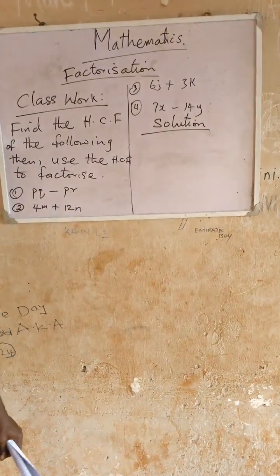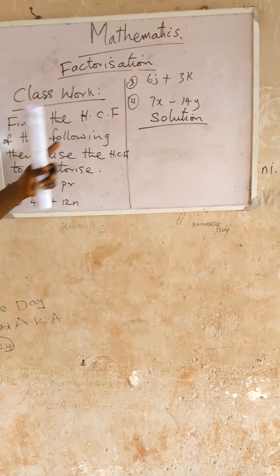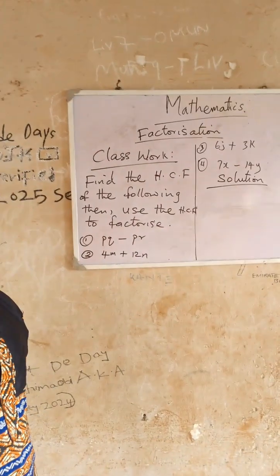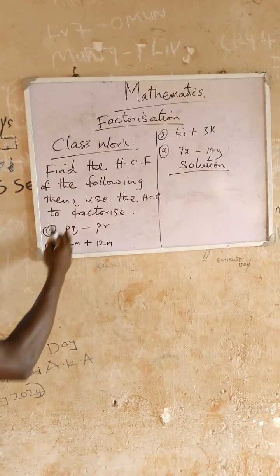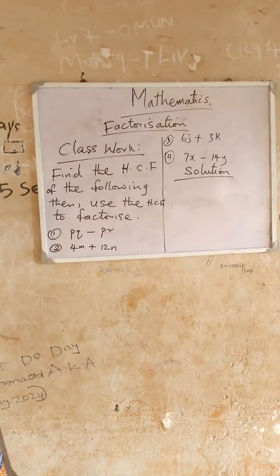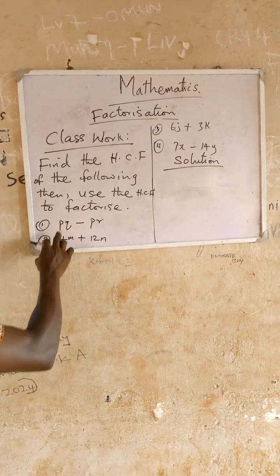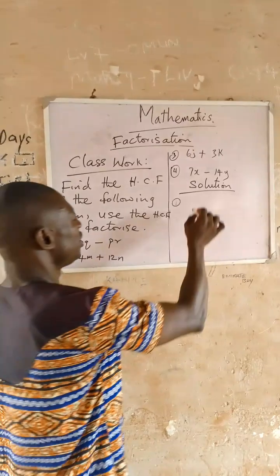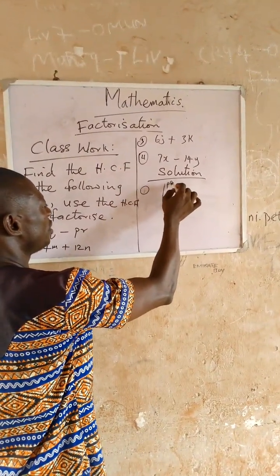Are you listening? We are going to illustrate. The question says, find the HCF of the following, then use the HCF to factorize. So what we have done is written the questions. Number 1 is PQ minus PR. If we find the HCF of number 1, we divide PQ.